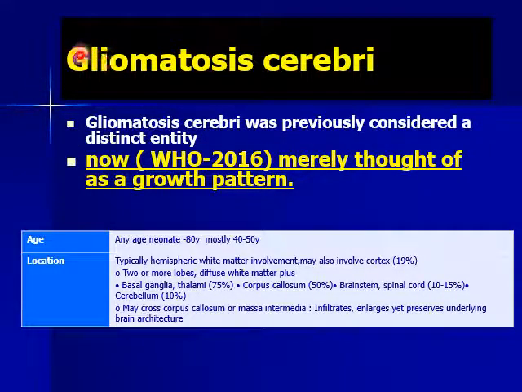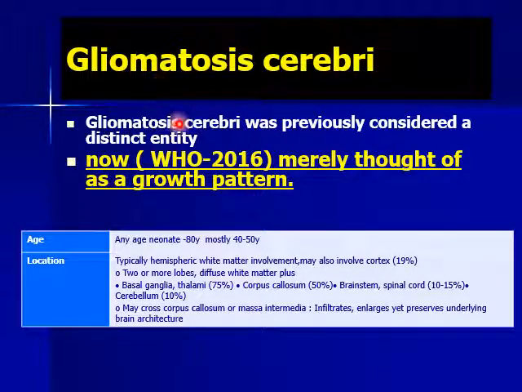Now, an entity called gliomatosis cerebri. Before the WHO 2016, it was a specific entity described as a tumor by itself. But now they consider it a pattern of growth.